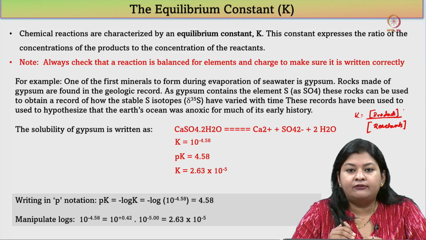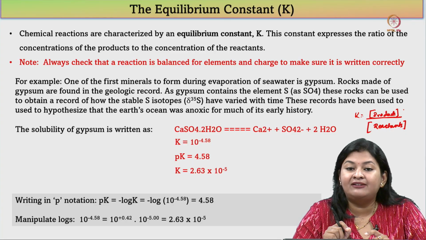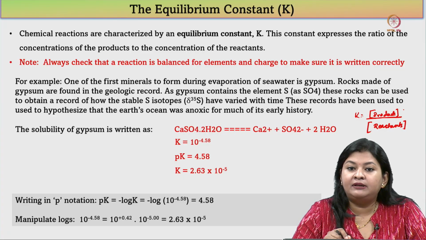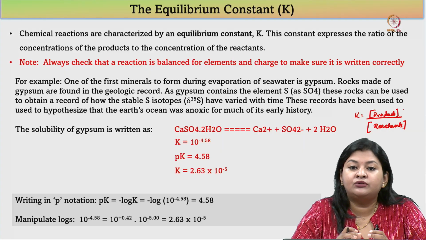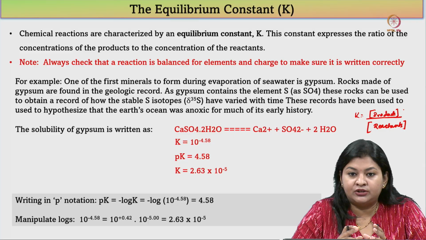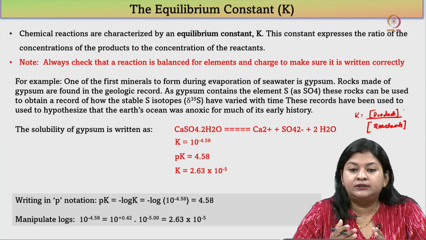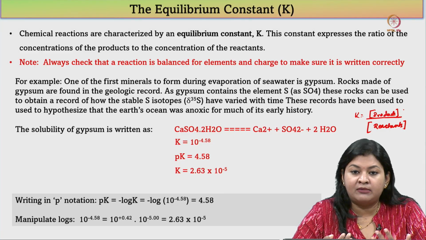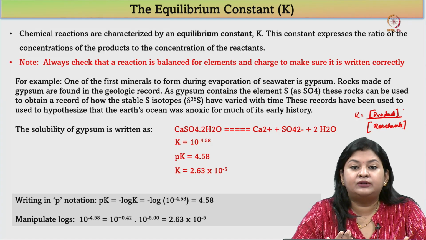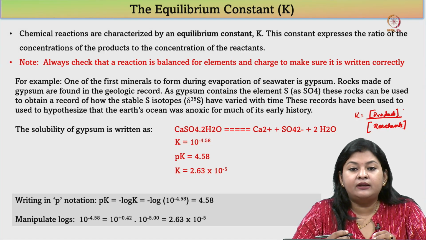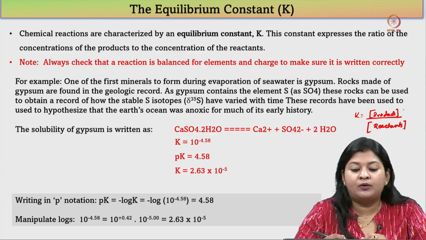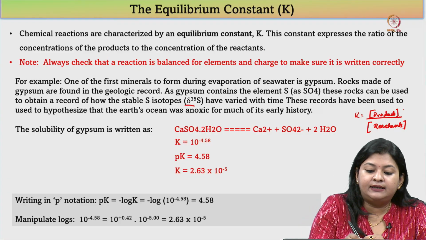Therefore, gypsum, which contains the element sulfur as sulphate SO4, can be used to obtain a record of how the stable isotopes evolved. So, if you are going to do an isotopic evaluation and you want to see how sulfur has evolved over time, then we measure an isotope composition called delta 35S.